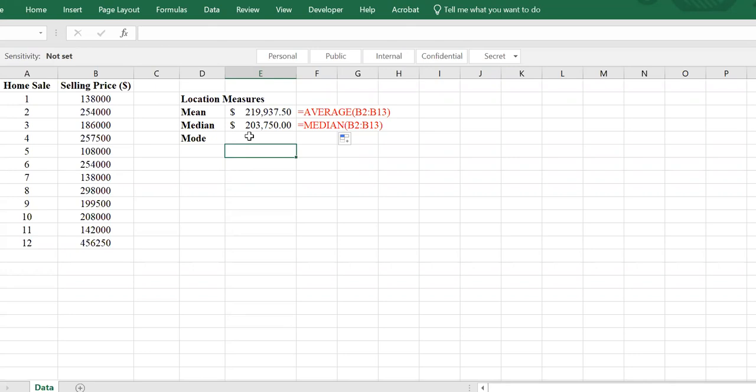It's always safer when it comes to Excel to just look for multiple modes, and then if you're sure that you don't have multiple modes, you can move on to the single mode function. We have two functions for finding modes, depending on if you're looking for multiple or single mode.